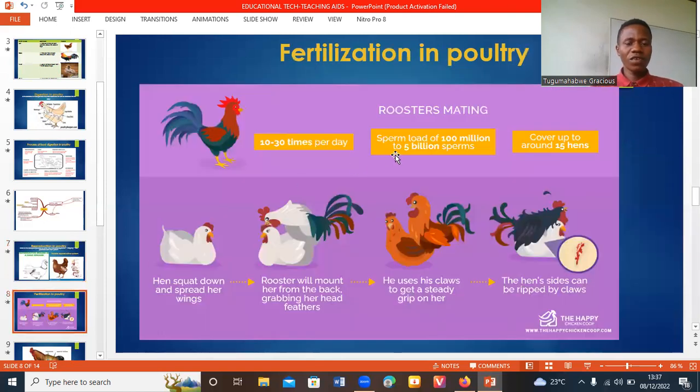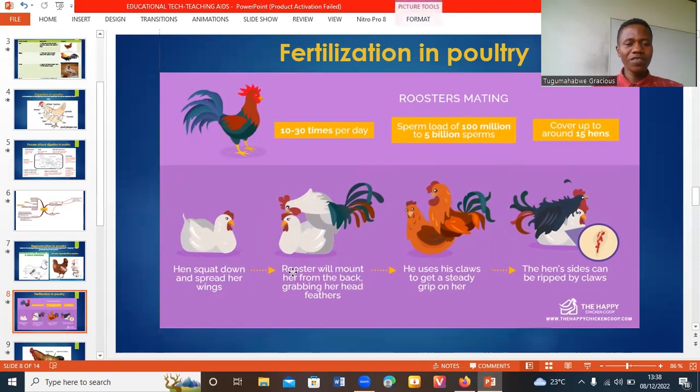The next is within the process of reproduction. For reproduction to occur, a hen must come into contact with a cock. A cock is a male poultry, and a hen is a female poultry. So this is a mind map showing how mating takes place. It is showing the hen squatting down and spreading her wings.